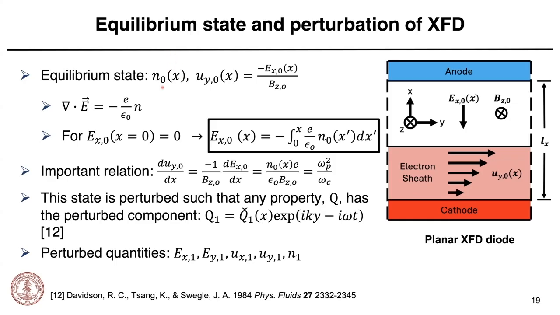That electron density distribution can be any distribution you like, it's just varying only in the x direction. Then we also assume in the equilibrium state that the flow of the electrons follows just the E cross B drift velocity. So that's why we have the E over B. That determines what the equilibrium state of the electron velocities is.